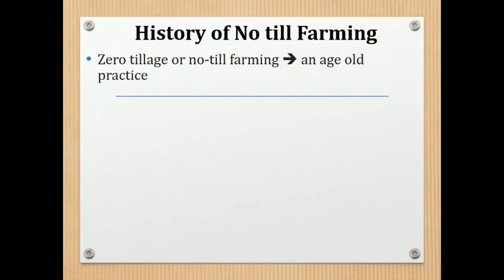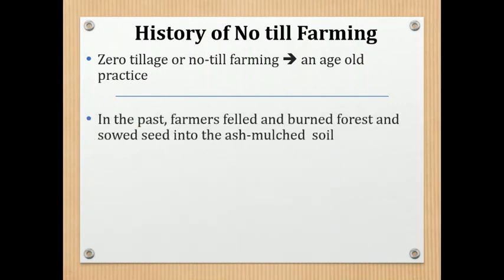When did no-till farming start? Zero tillage or no-till farming is an age-old practice as old as agriculture. In the past, farmers felled trees, burned a patch of forest, and sowed seeds onto the ash-mulched soil.